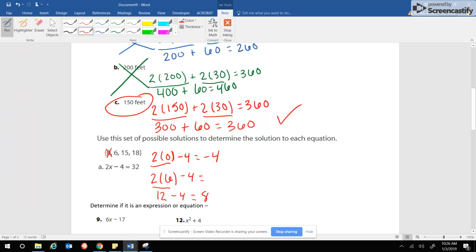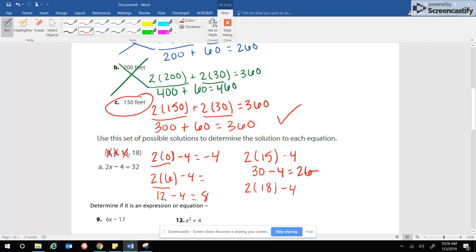So that also does not work. 15. 2 times 15 is 30. 30 minus 4 is 26. 15 doesn't work, so obviously we're only left with 18, but we're going to prove our answer.